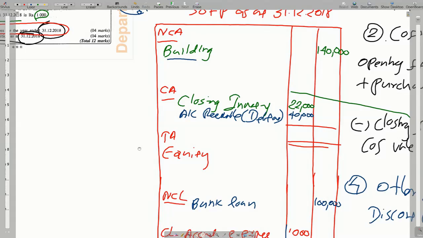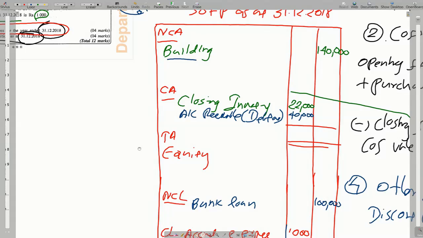Loan interest is 12,000, finance expenses. The paid amount is not what is allowed; you are required to consider the relevant amount.